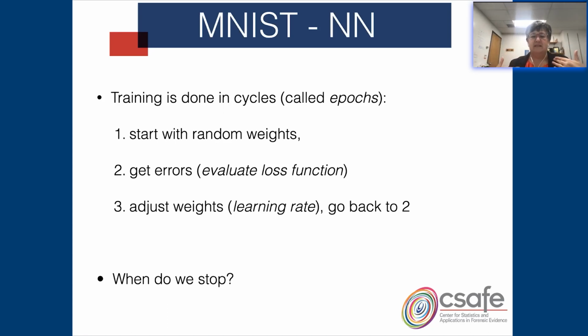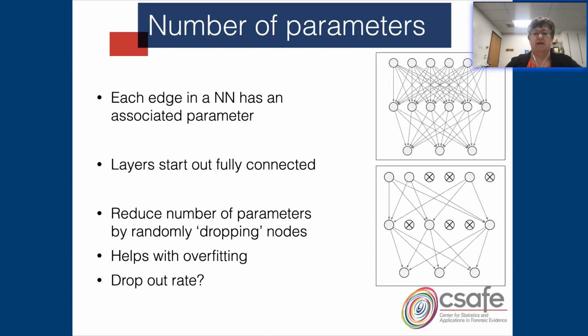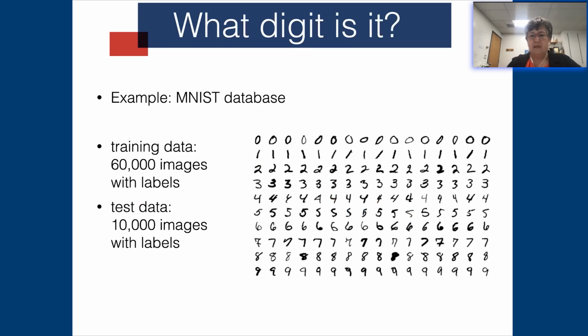And then the question is, how often do we go through this feedback loop? We want to go often enough so that the weights reflect the data and the weights are learning from the data, but we don't want to overfit the network. And it's very easy to overfit. So yes, we go in both directions, but for right now, we're just focusing on one direction. And we're going to do an example.